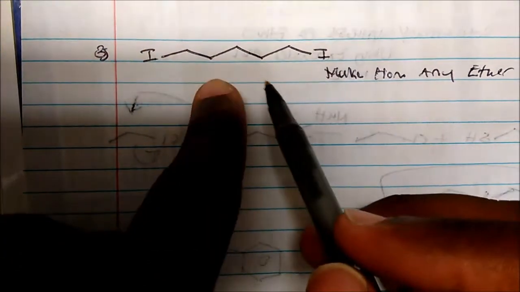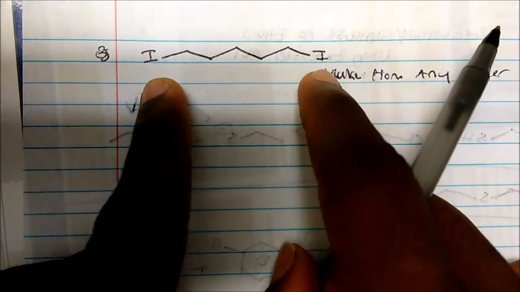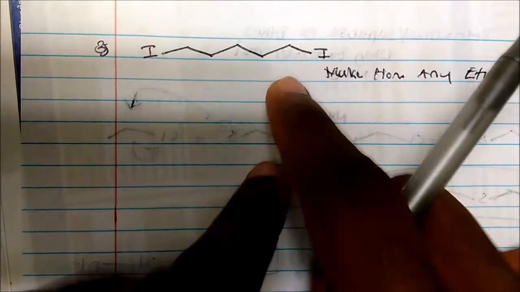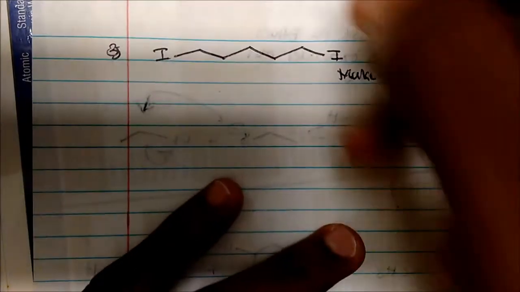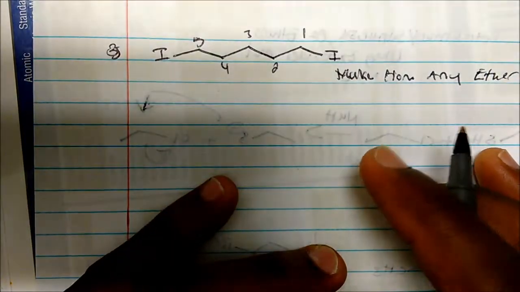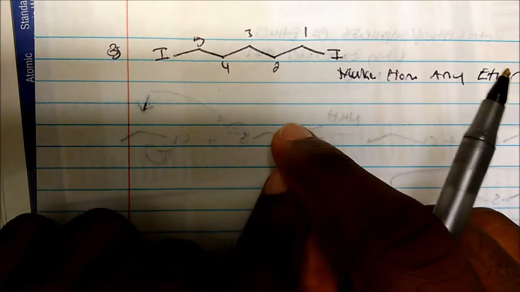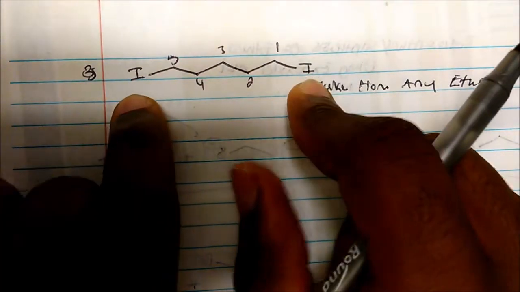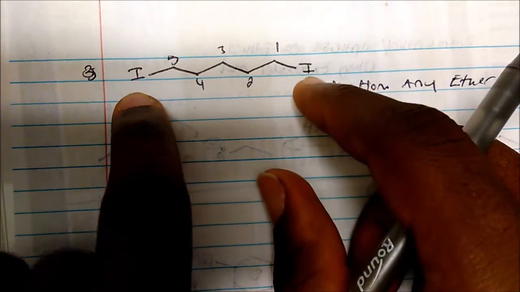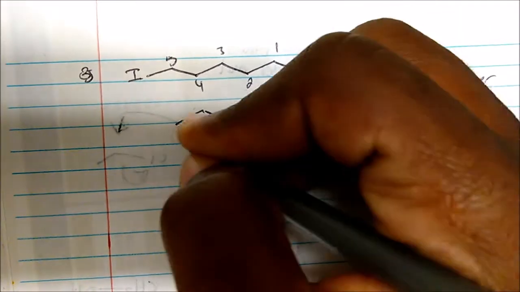Now, anytime you have a molecule with two halogens, and when it comes down to ethers, when two halogens are attached to the end, that means it's coming from a ring, right? It's coming from a ring. So let's count our carbons. So we have 1, 2, 3, 4, 5. So we have a ring that has 5 carbons, but remember, from any ether, well, these two come together and actually make up the oxygen. So we get this from this molecule here.